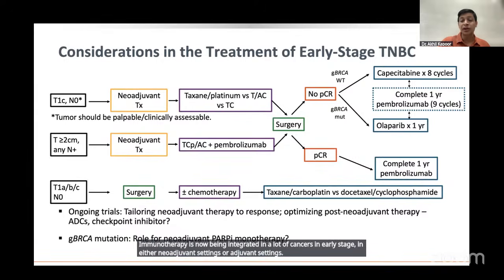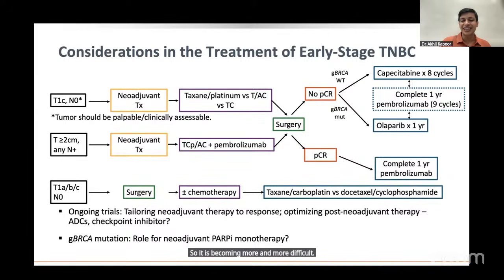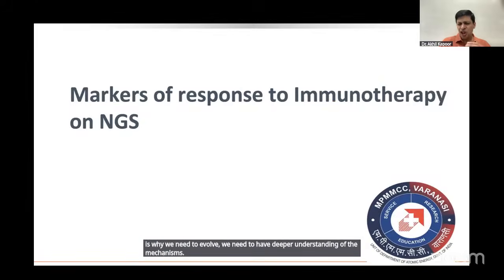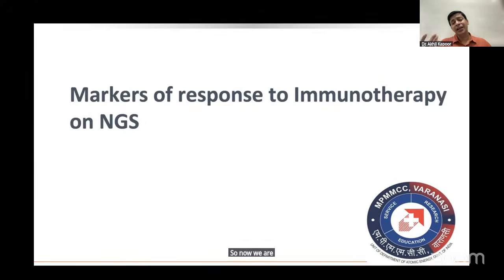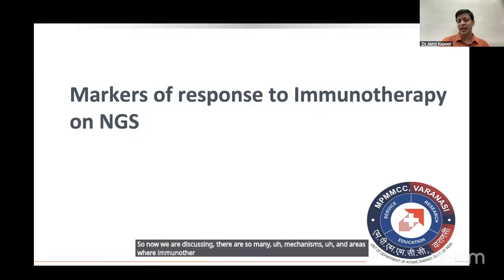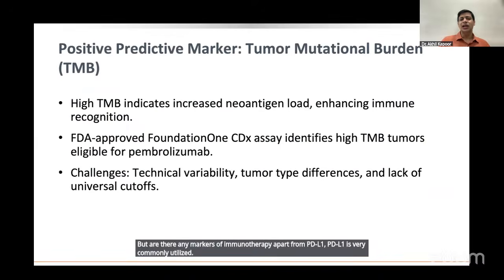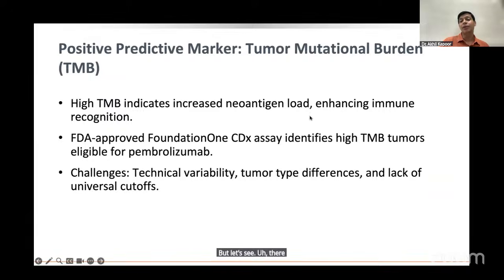So it is becoming more and more difficult to keep up with the data, and that is why we need to evolve. We need to have a deeper understanding of the mechanisms. Now we're discussing that there are so many mechanisms and areas where immunotherapy is acting. But are there any markers of immunotherapy apart from PDL1? PDL1 is very commonly utilized, but there is one marker called tumor mutation burden.